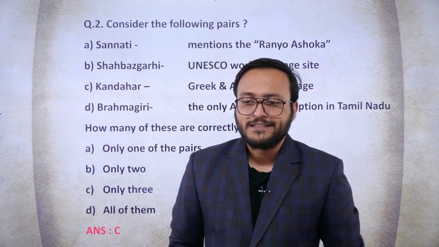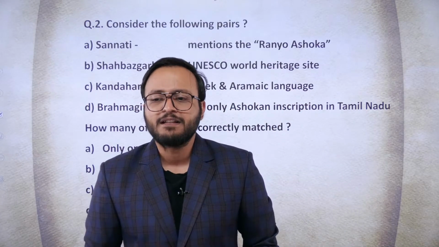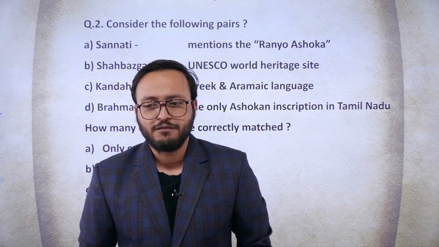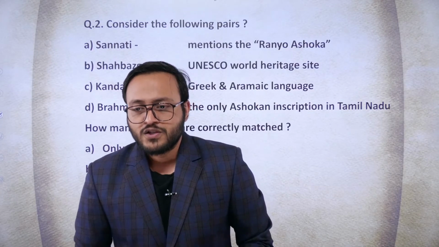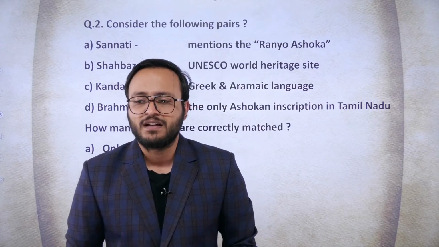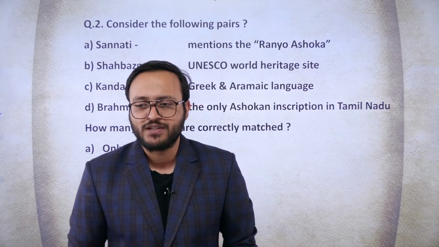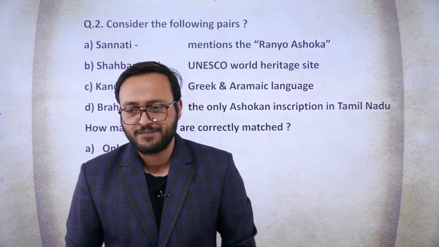Got it, everyone? Moving further, now the next question is here. Consider the following pairs. On one side there is Sannati that mentions Ranyo Ashoka. Then there is Shahbazgarhi, which mentions the UNESCO's World Heritage Site.